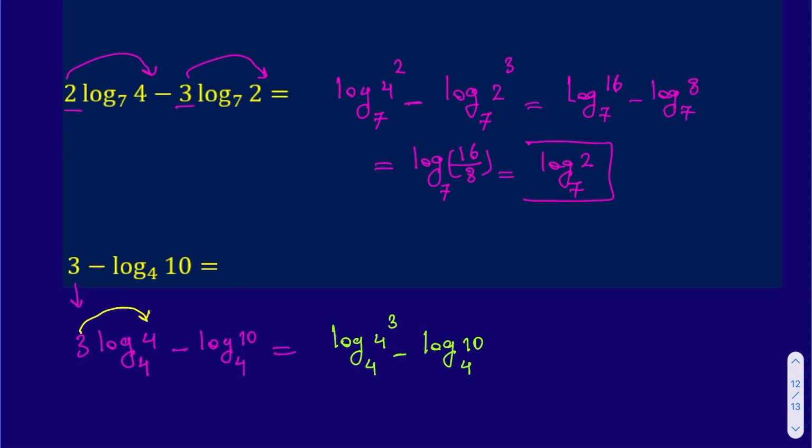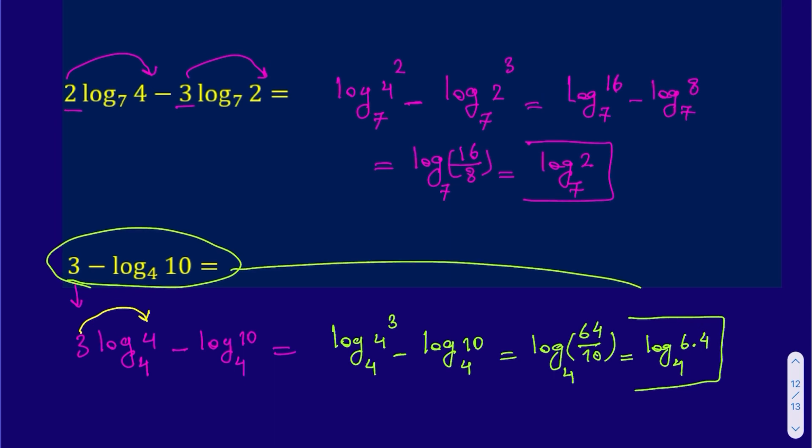We need to raise 4 to the power of 3, which is equal to 64. So it is equal to log 64 divided by 10 to base 4, which is equal to log 6.4 to base 4. And this is the single logarithmic function that we solved. We simplified this expression to this function.